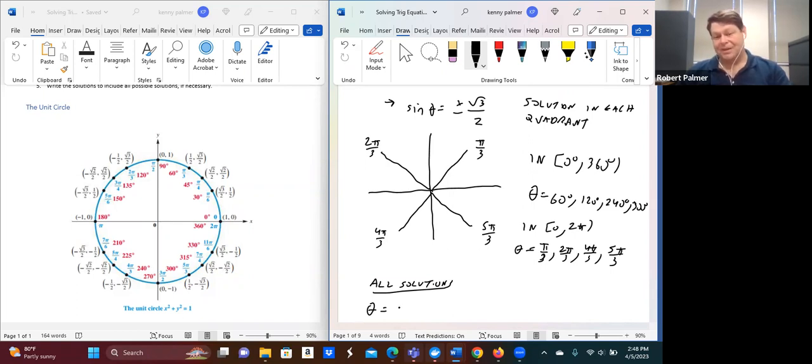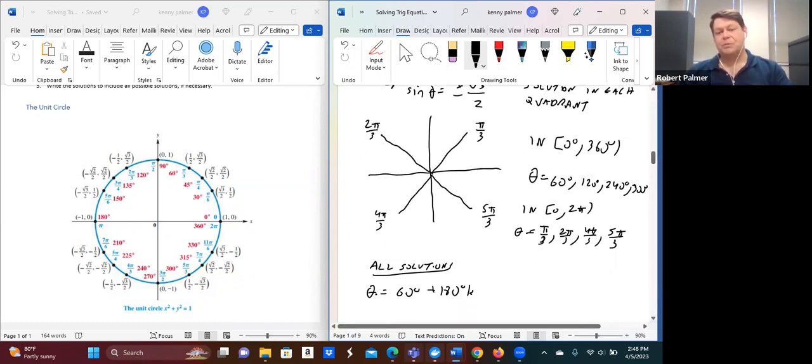So we can say, for example, pi over 3 is the same as 60 degrees plus 180 times k. That gets this one and this one. And then if we start here at 120, which is 2 pi over 3, we can do 120 plus 180 times k, and that gets these two. Once again, where k is any integer.